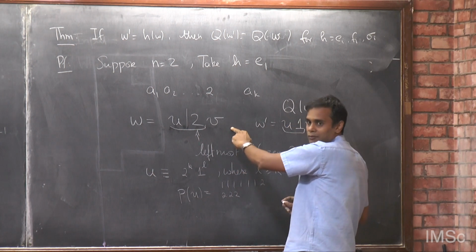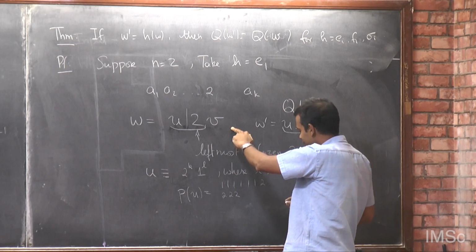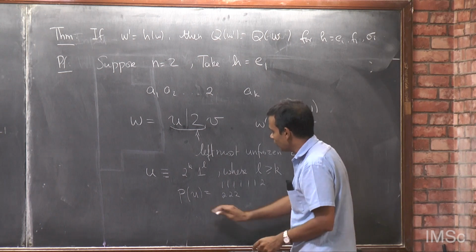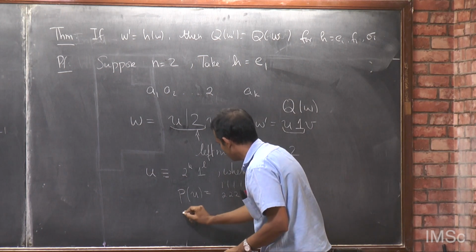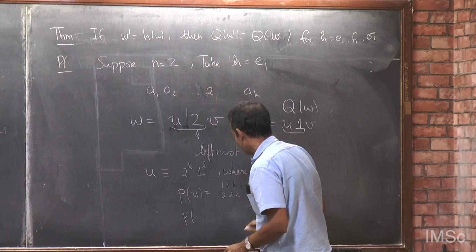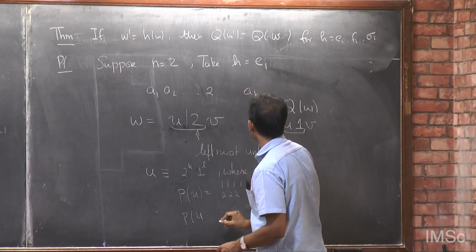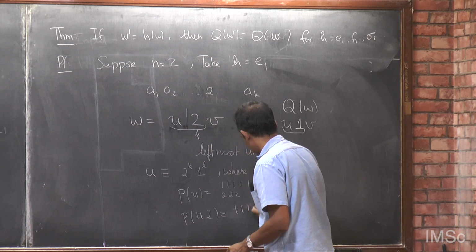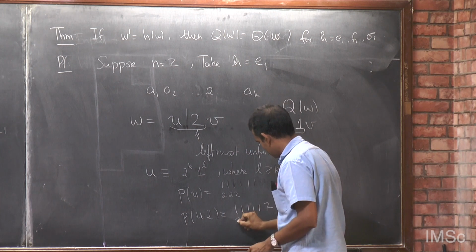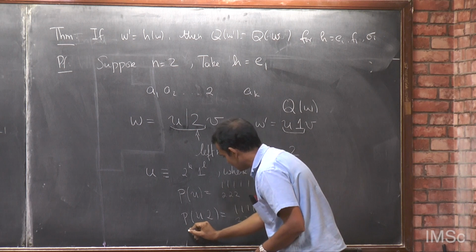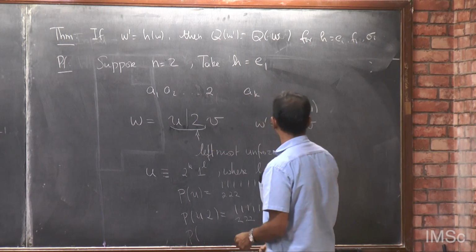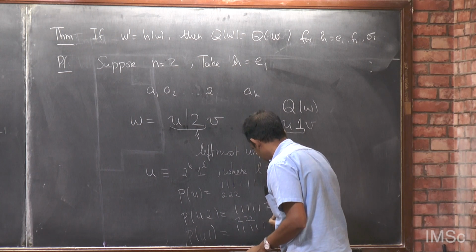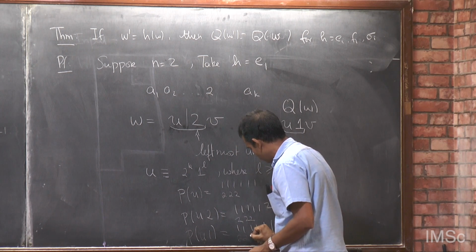After this what happens is that you only have 2s after pairing off the 1s and 2s. So this is P of u, this is P of u2, and this is P of u1, just a 1 here and 2, 2, 2.